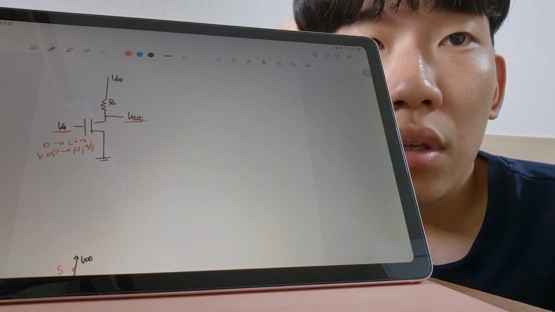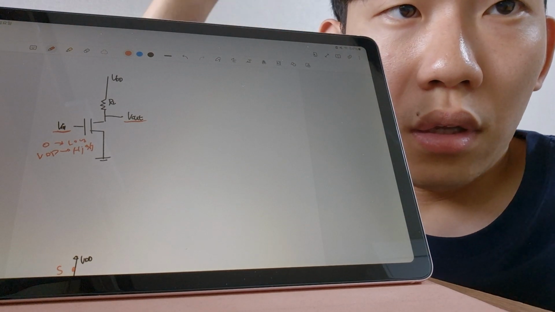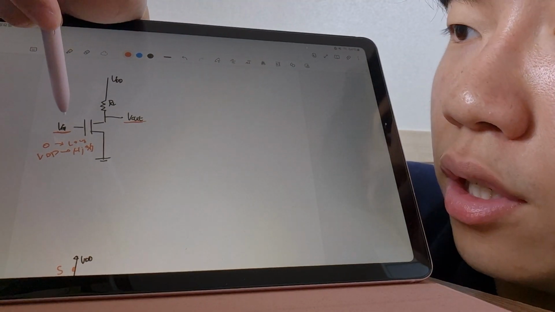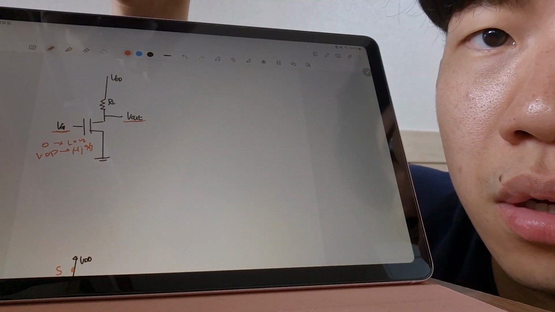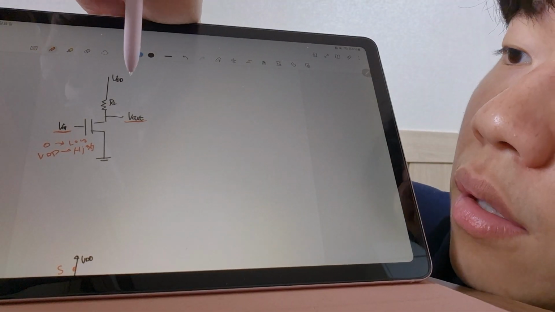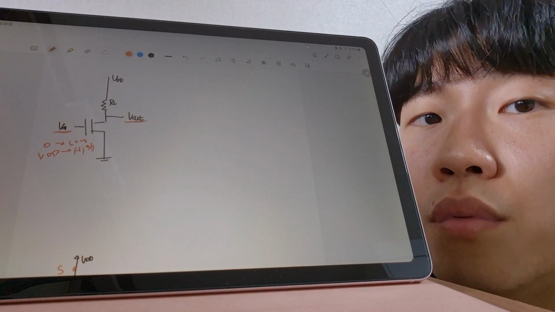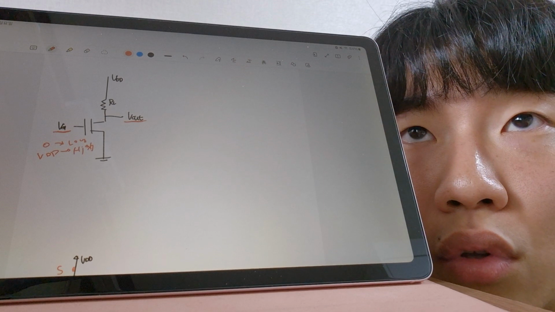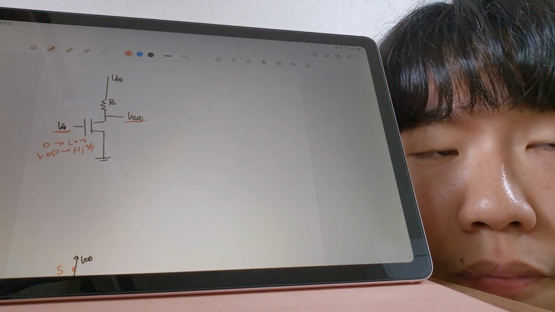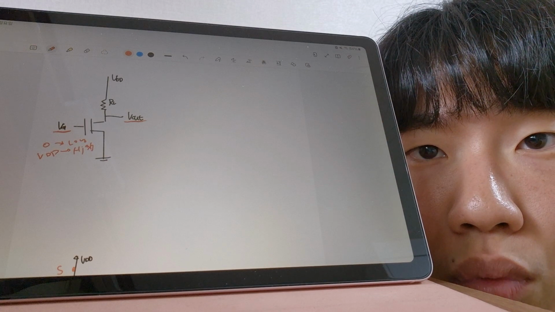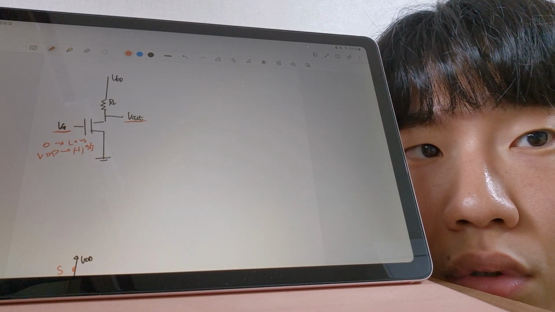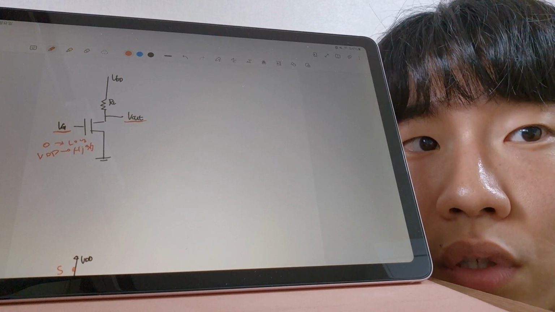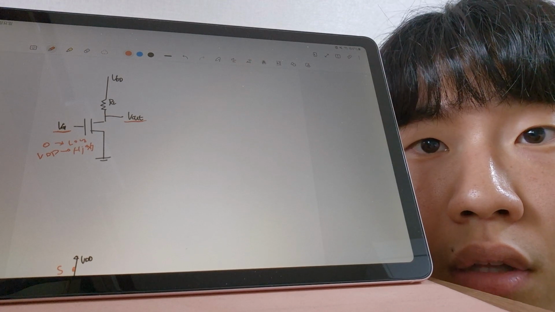Let me think. If we apply a low voltage to this single MOSFET, then the input voltage is 0. This is no inversion, in the subthreshold stage, so this is turned off.